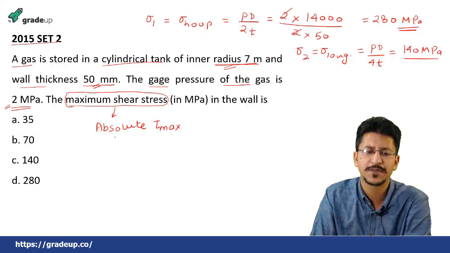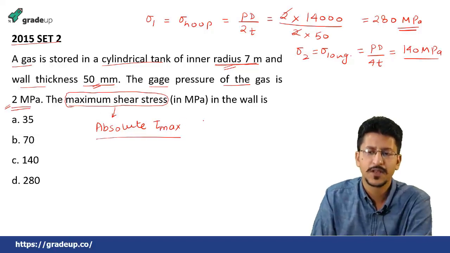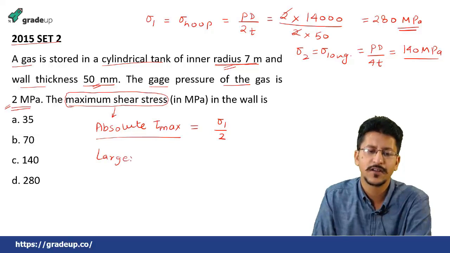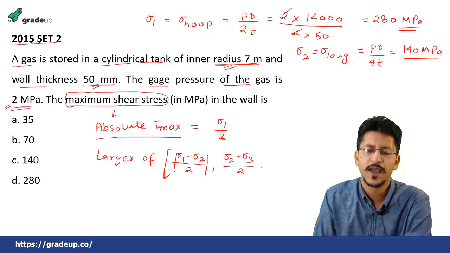Then it is asking you the absolute tau max. I have told you that absolute tau max is nothing but the larger, if I tell you in detail, of the whole 3D case: sigma 1 minus sigma 2 by 2, sigma 2 minus sigma 3 by 2, and sigma 3 minus sigma 1 by 2.